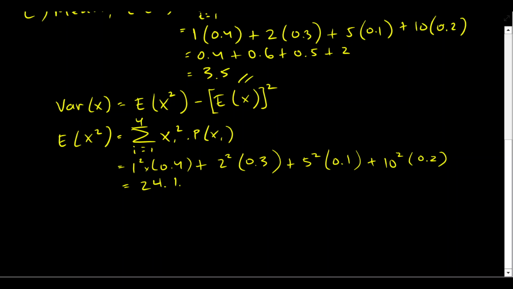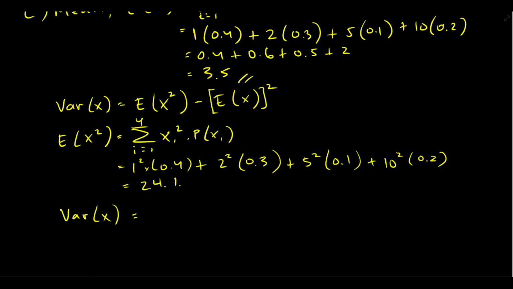So the variance, as given there, is the expected value of x squared, which is 24.1, minus the mean that we calculated, 3.5, squared.